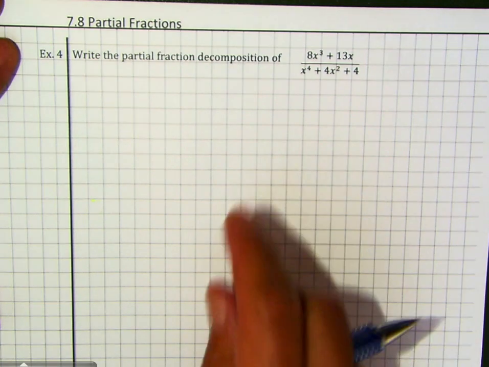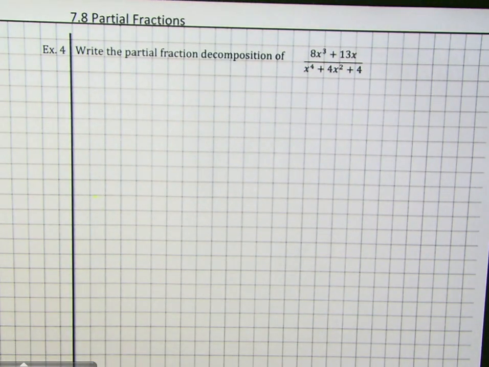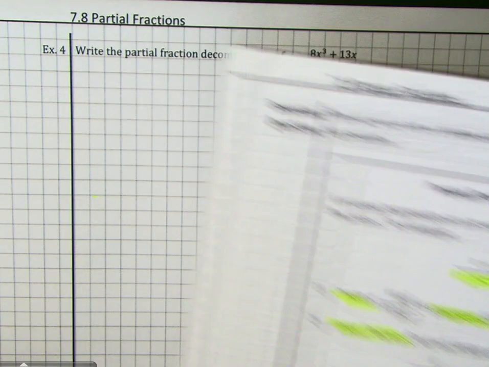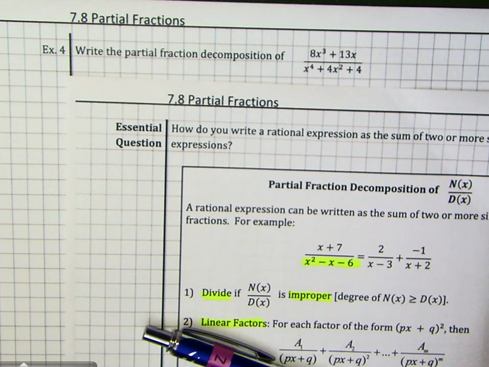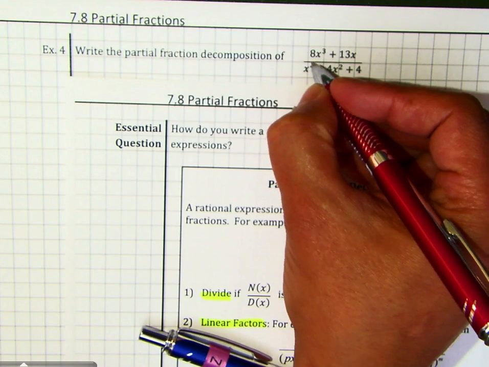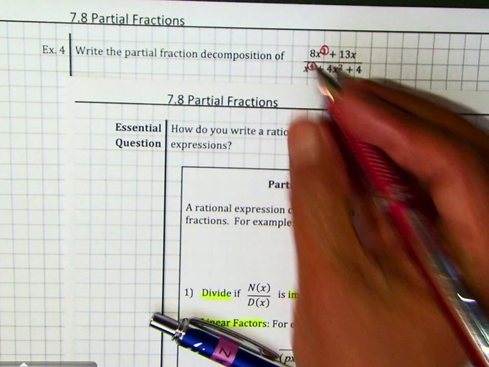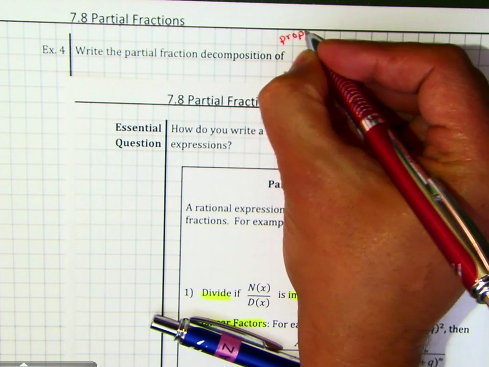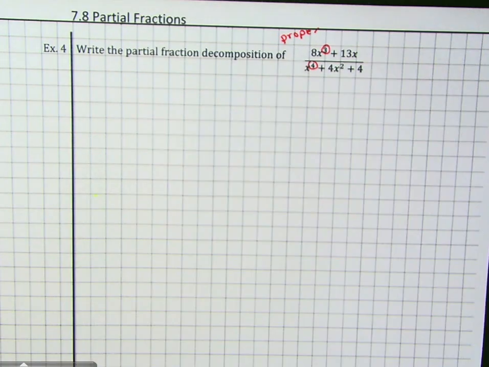So once again, our rule is that we need to decide whether the fraction is improper or not. In this case, your denominator has the biggest degree of the polynomial. This degree is 4, this was 3, so therefore this is proper. On the last example, we'll cover one that's not proper.